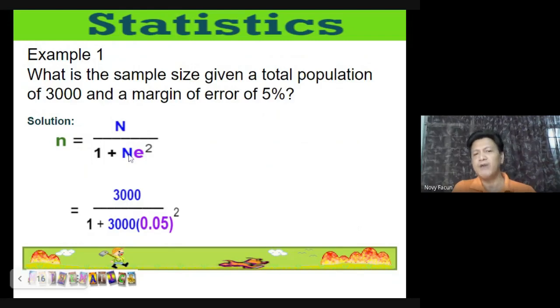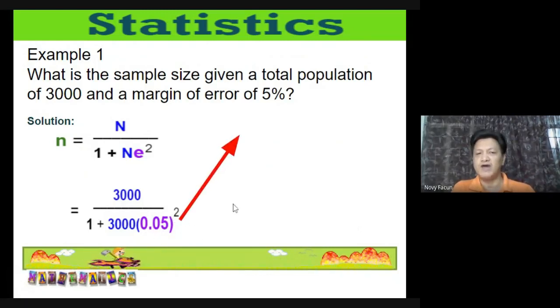0.05, yung 5% na ito, kinonvert natin from percent into decimal. Nag-move lang ako ng 2 decimal places going to left, naging 0.05 kasi nag-move ako ng 2 places. That is 0.05 squared. Okay. So after nyan, you are going to square first the 0.05.